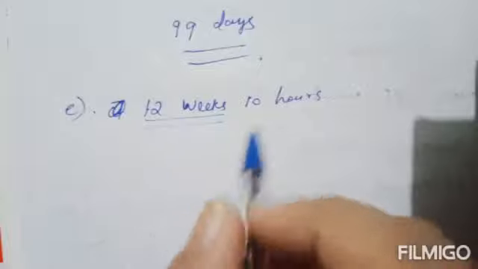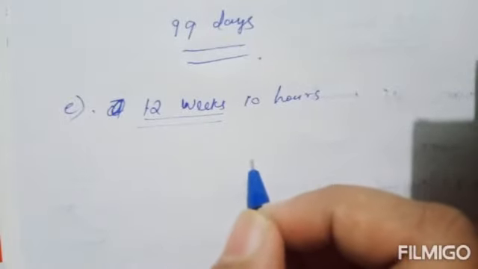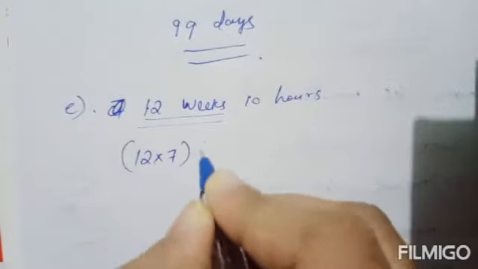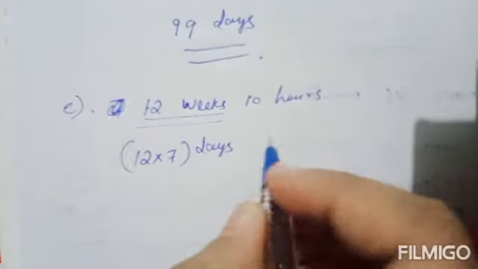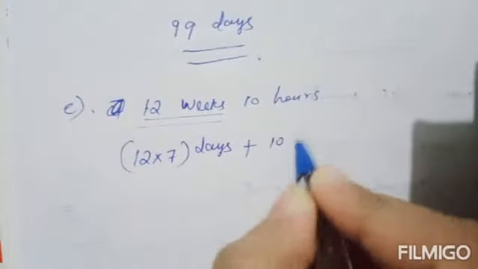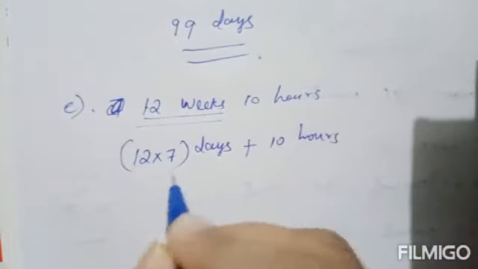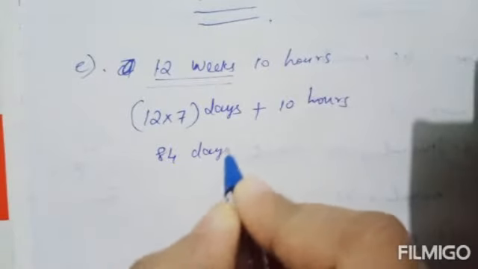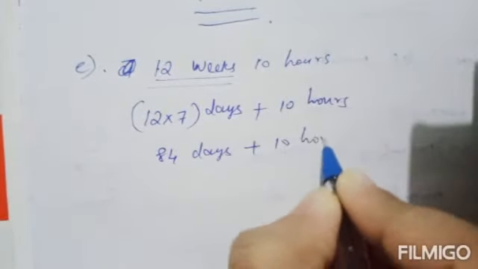You know 1 week equals 7 days. So 12 weeks will be 12 into 7 days, plus this 10 hours. 12 into 7 is 84 days plus 10 hours.